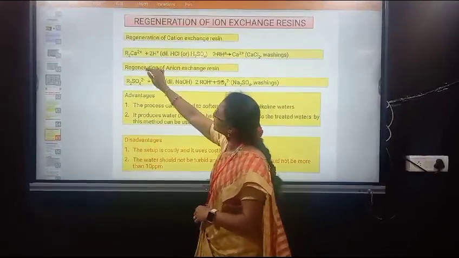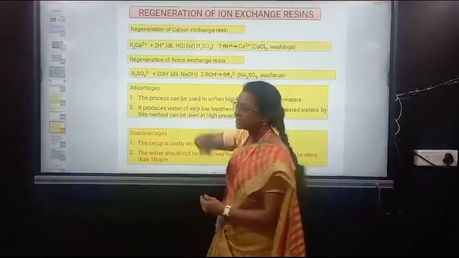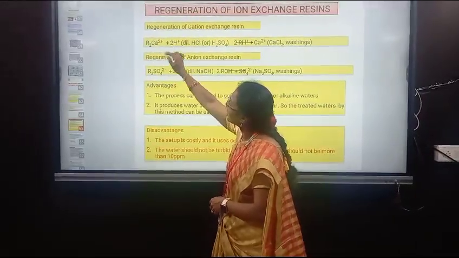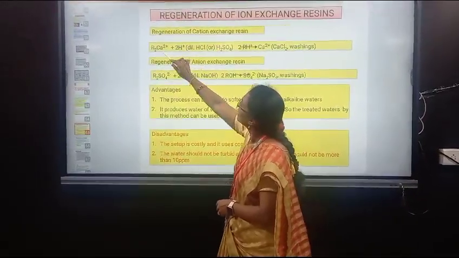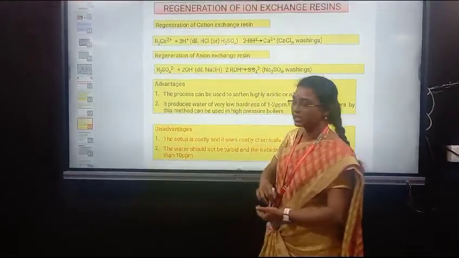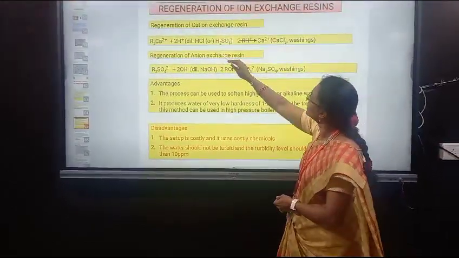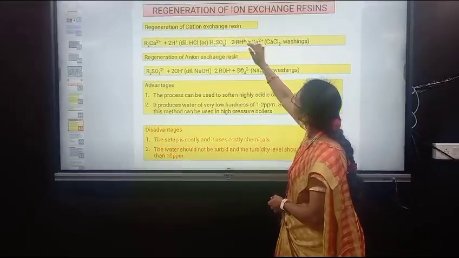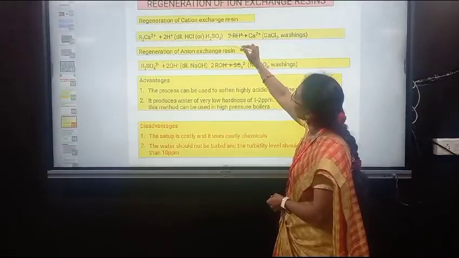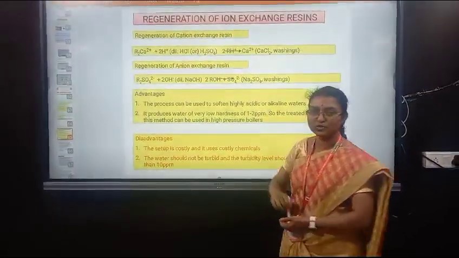See here, this is the used cation exchange resin. After the exchange of the cation, this is its form. Now this cation exchange resin is activated by dilute HCl solution. After the regeneration, you get the initial cation exchange resin, RH+.